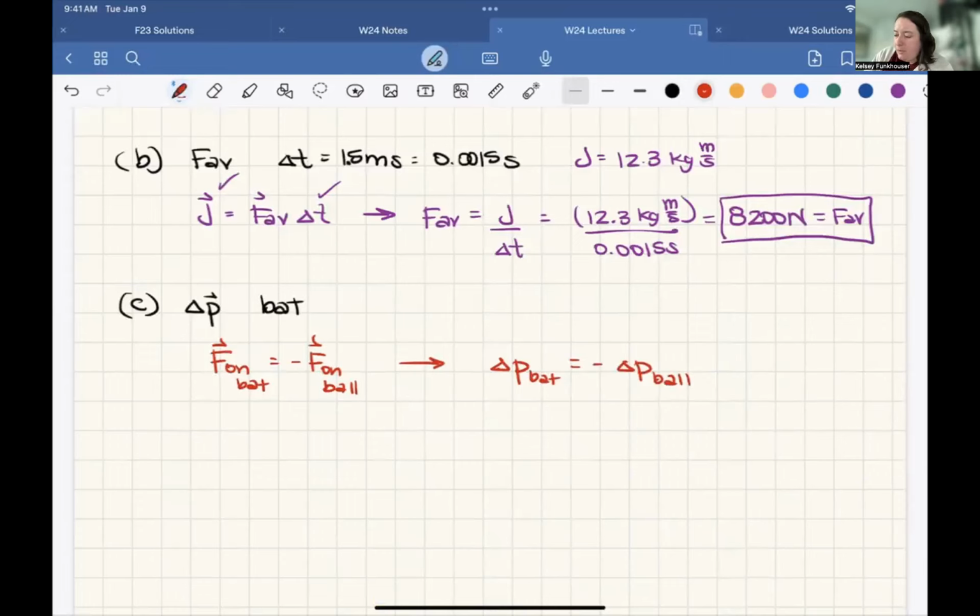So that means we don't actually have to calculate anything. We just have to add a negative sign. So change in momentum of the bat is negative 12.3 kilogram meters per second at negative 19 degrees from the negative x-axis.